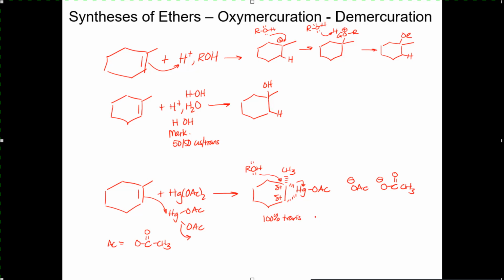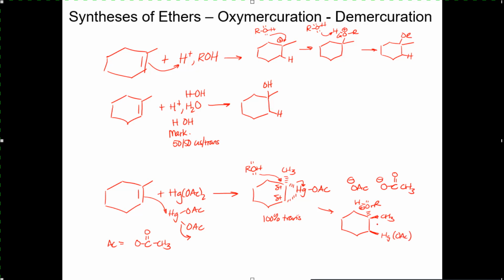So that we would end up with, if the alcohol, let's say, added from underneath, this oxonium ion below the plane of the ring. The methyl group would then be above the plane of the ring, as would the mercury acetate.